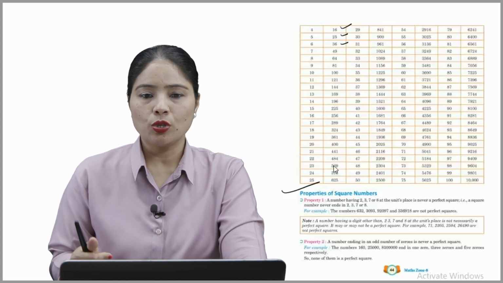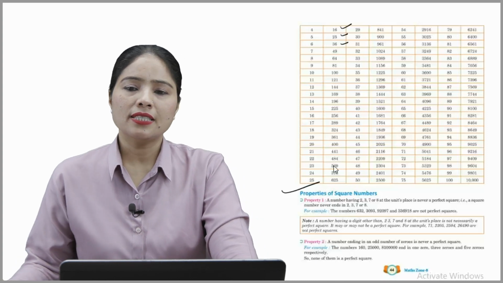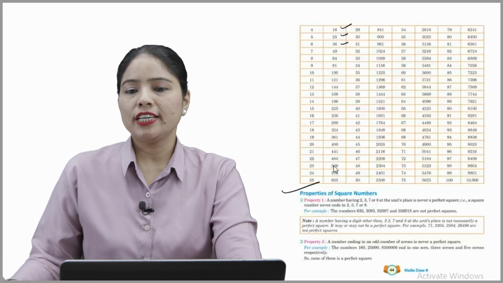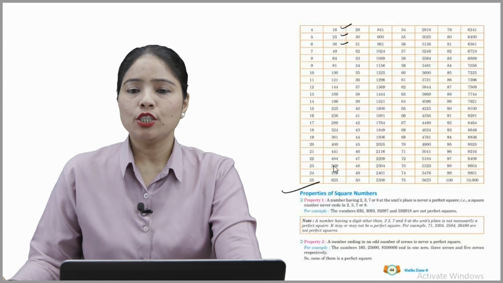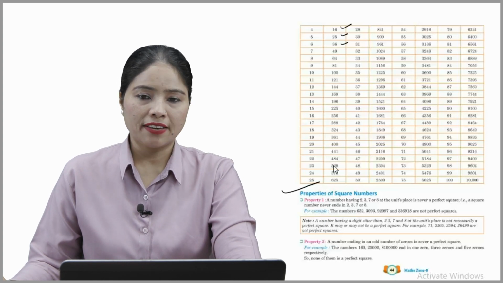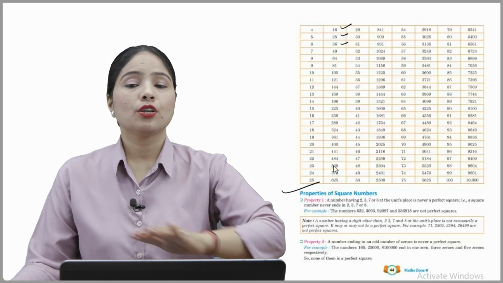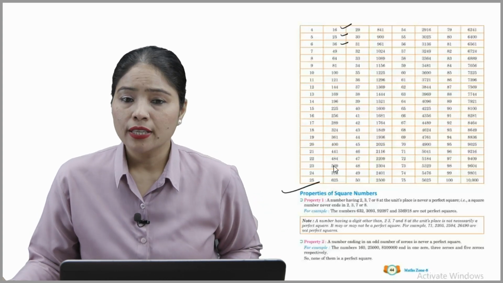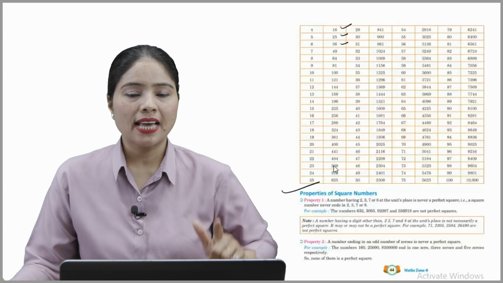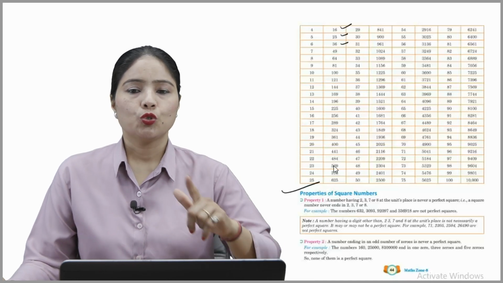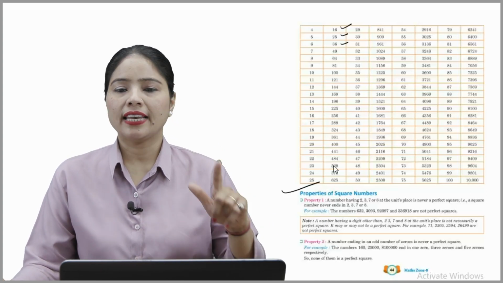I hope you understood. For example, the number 632, 3093, 92097 and 336918 are not perfect square. Why? Because their unit place has 2, 3, 7 and 8.